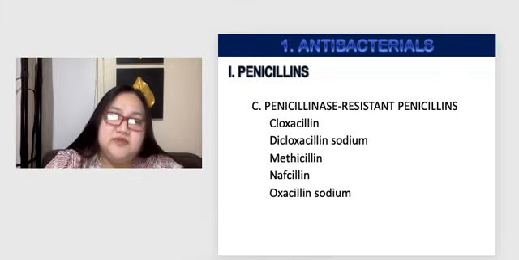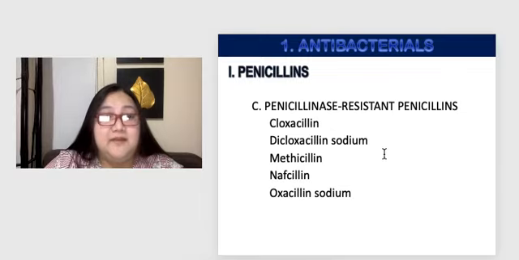Alright? So, these are the penicillinase resistance. That's why wala na silang beta-lactamase inhibitors na kadugtong sa pangalan nila, because they themselves were developed specifically for the beta-lactamase, lalo na ng staphylococcal infections.